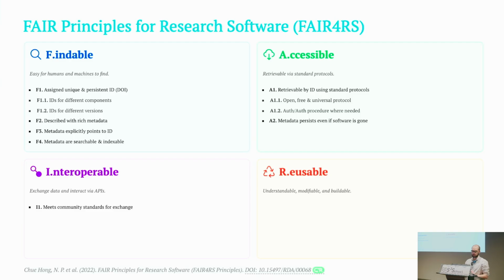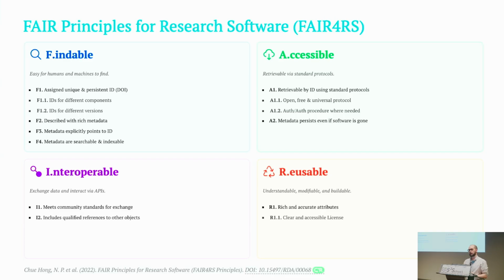For the interoperable section, it should meet the community standard for exchange. So for example, to use data formats that are used by the whole community. Qualified references to other objects. And for the reusable section, we should have rich and accurate attributes.